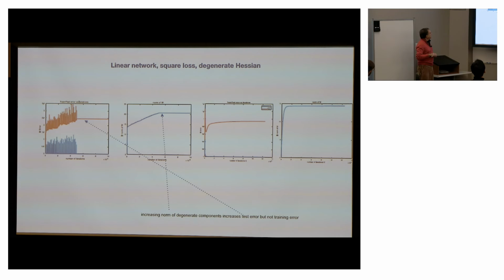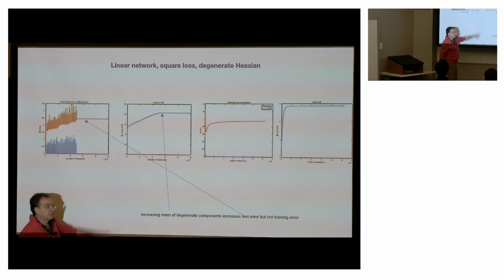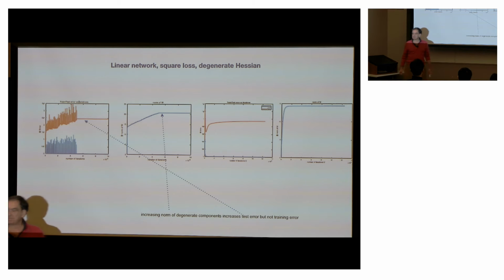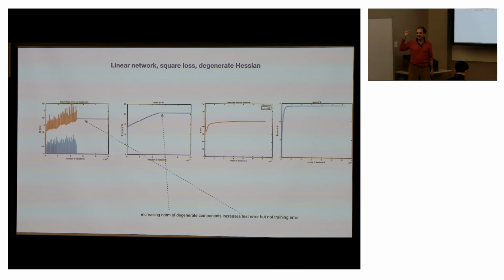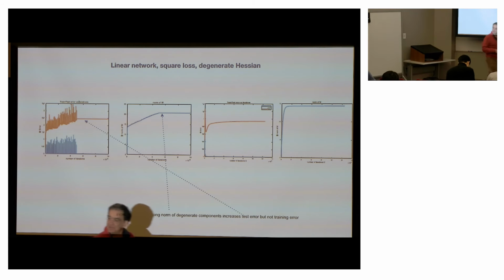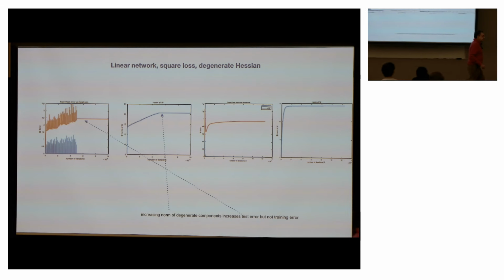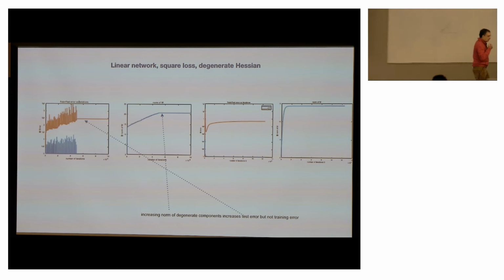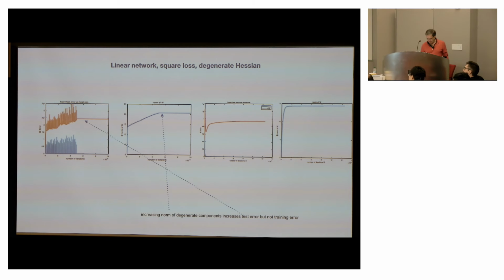And so your training error goes, of course, back to 0. But the weights that are not influenced by the training error, the general direction, don't change, they remain up there. And your test error remains up there.